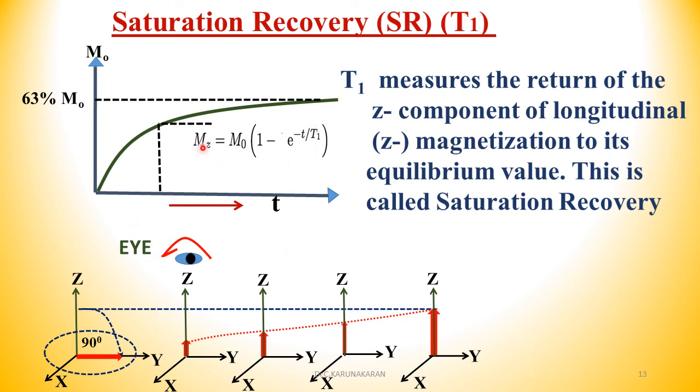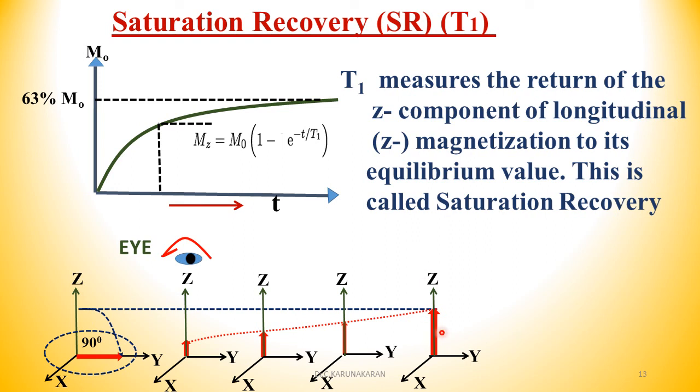In this case, Mz is measured along the z axis. M0 is the initial magnetization at equilibrium, and with respect to time, the net magnetization increases because of the return of the Z component of the longitudinal magnetization, whereas XY is the transverse component.